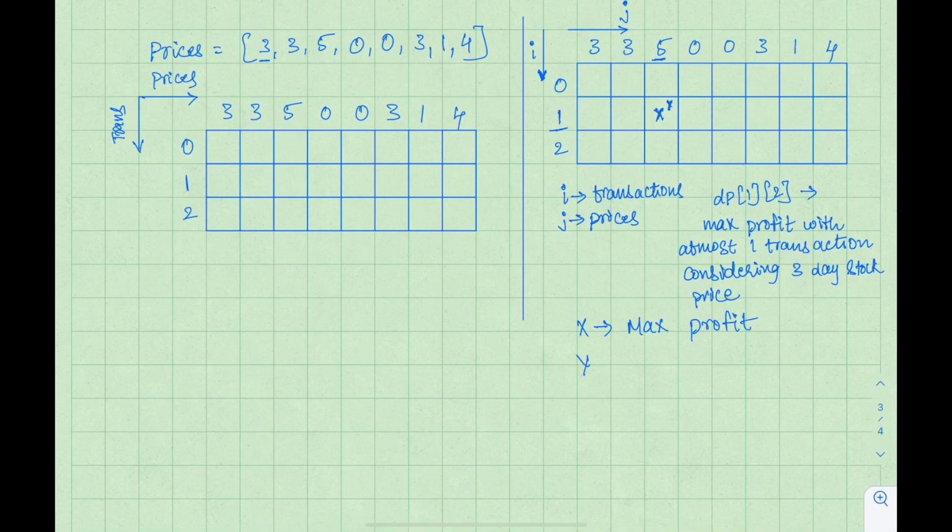And what does my Y refer to? Y refers to max profit minus the purchase price of the stock on that day. So my Y is going to be X minus 5. It's as simple as this.